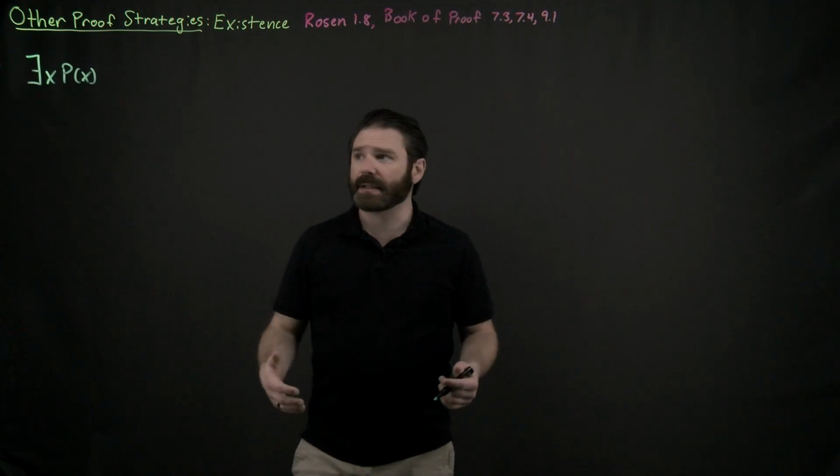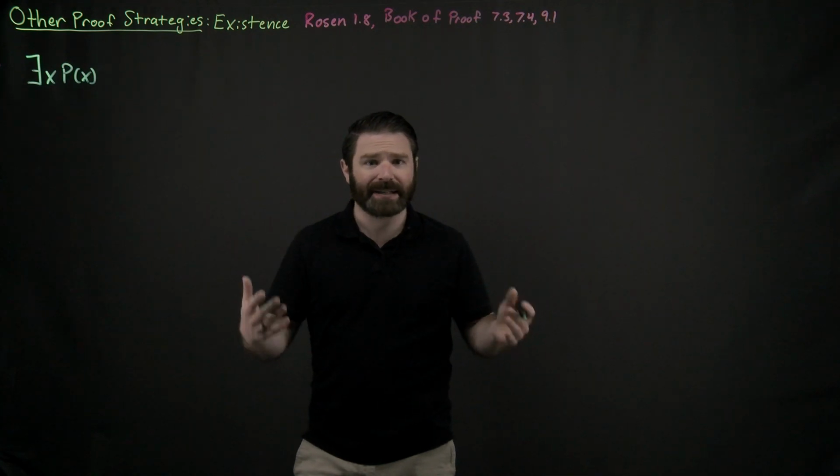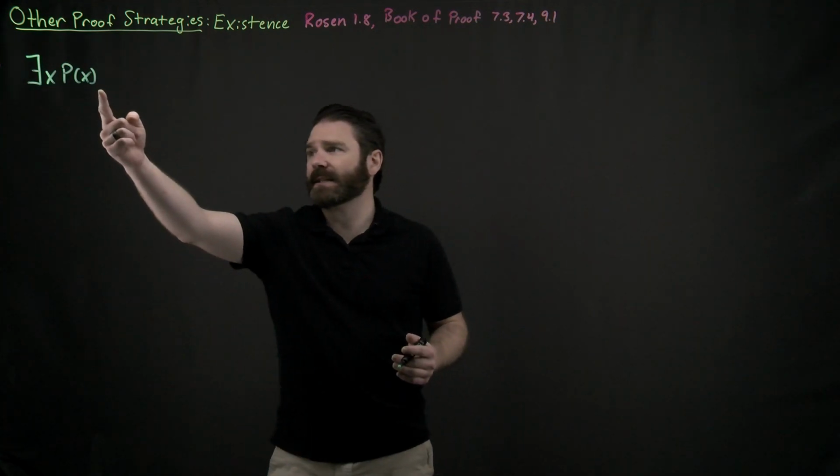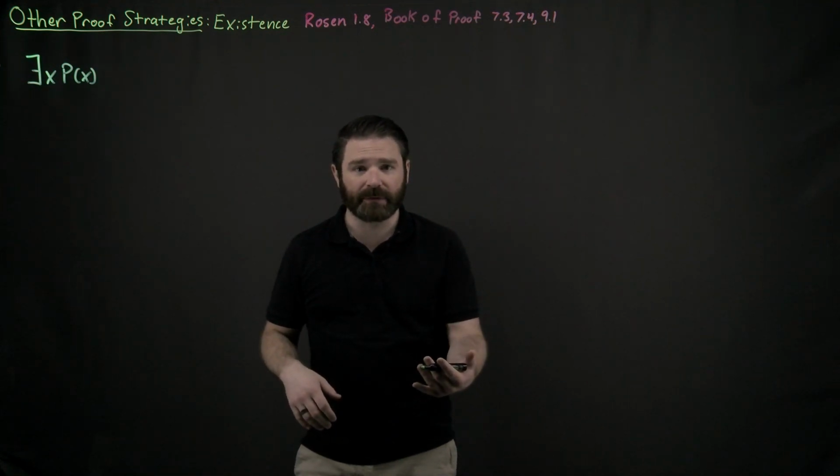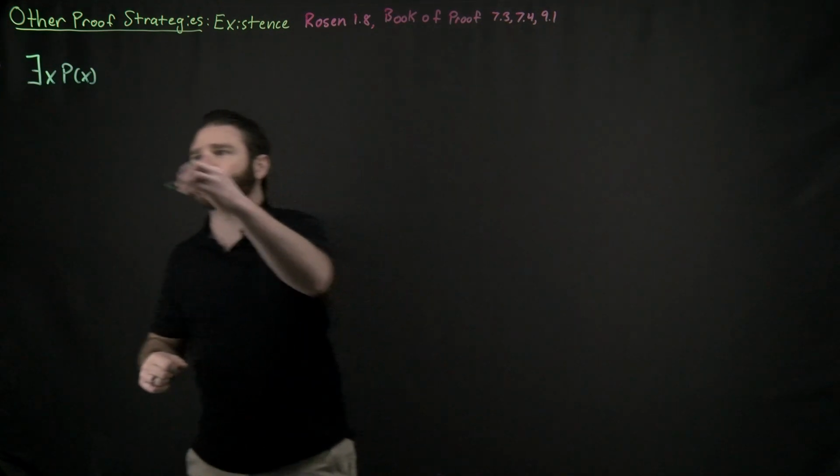The very first way is you could actually go and find some explicit x that satisfies p of x and makes that statement true. That's called a constructive existence proof.